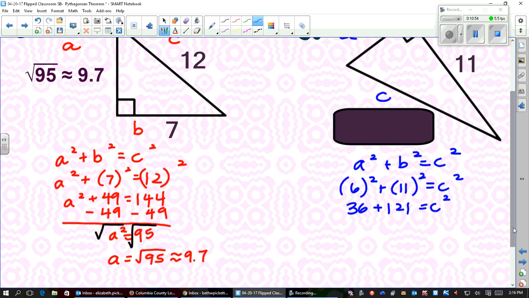Both constants are on the same side, so we can go ahead and add those together. And then take the square root of both sides. Should be a little bit over 12. 12.5.